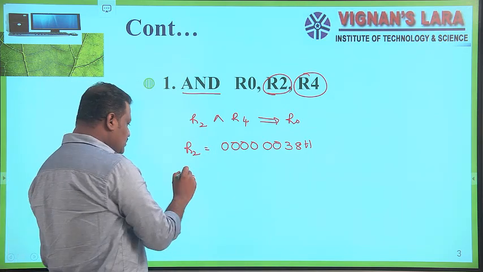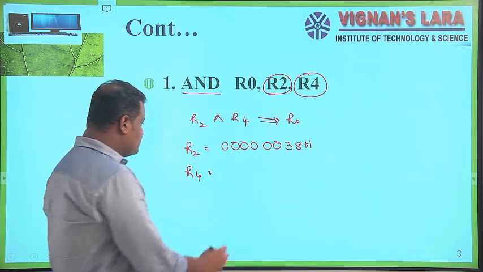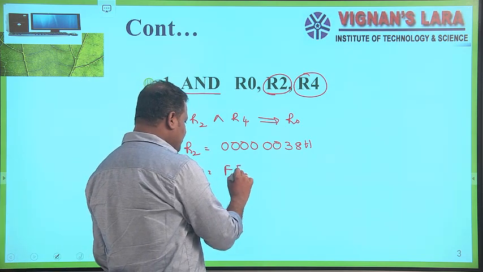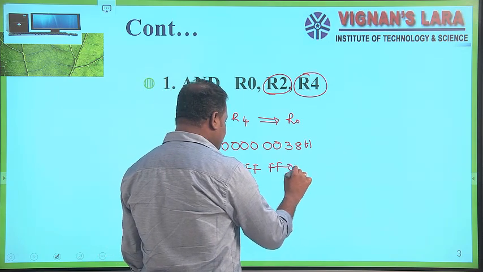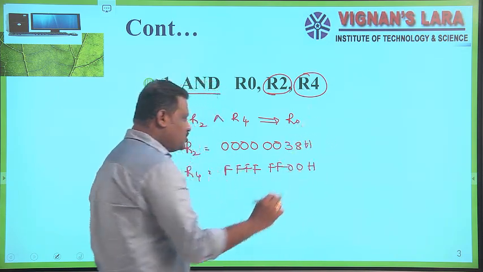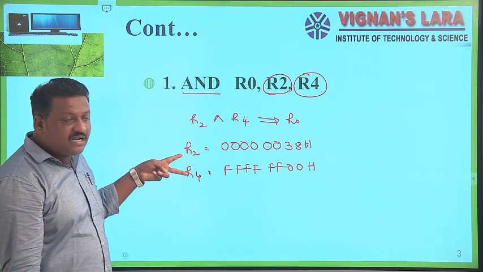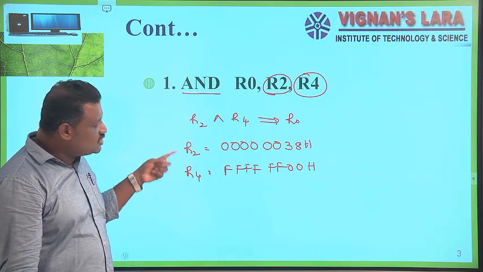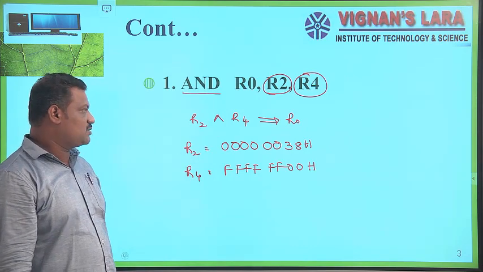Similarly, I assume the content of register R4 is FFFFFF00H. Then do logical AND bitwise between the contents of R2 and R4, and the final result goes to R0.